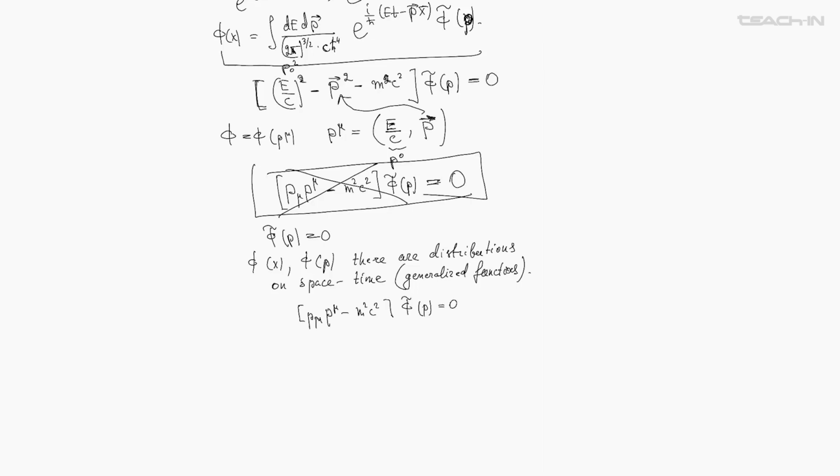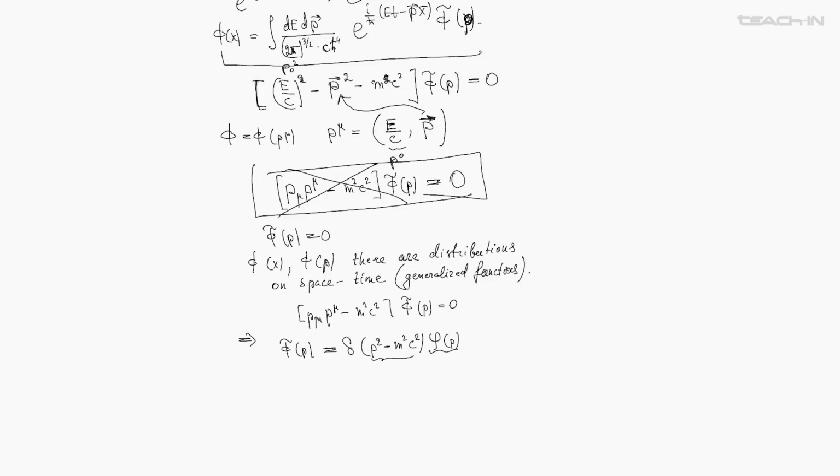So phi tilde of p is given by a delta function of p squared minus m squared c squared, multiplied by some phi of p, which is a good continuous function without any zero where p squared minus m squared c squared is equal to 0.